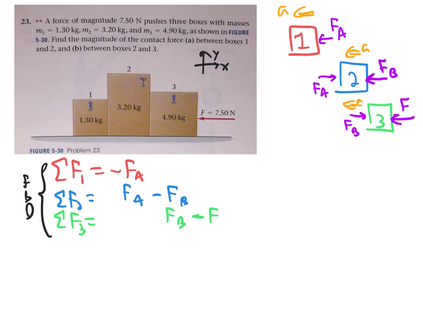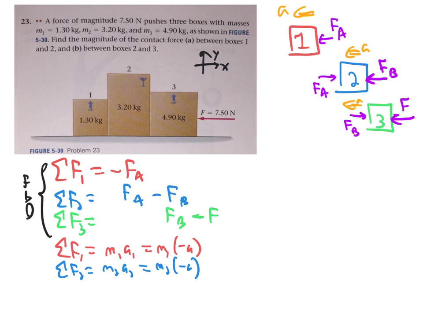And then we also have, of course, that the sum of the forces on box 1 has to be box 1 times its acceleration, which is m1 times minus a. And the force on box 2 has to be its mass times its acceleration, which is m2 times minus a.